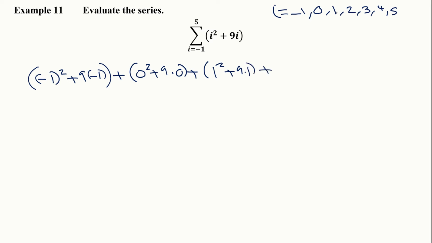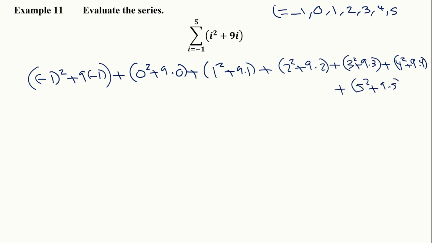Now we're at 2, so we get quantity 2 squared plus 9 times 2 plus quantity 3 squared plus 9 times 3 plus quantity 4 squared plus 9 times 4, and lastly quantity 5 squared plus 9 times 5.